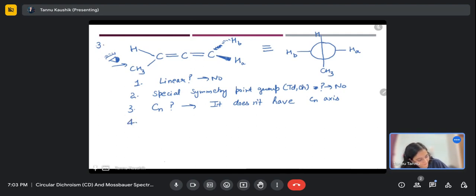Fourth, we will check whether the molecule has any plane in it. So yes, this has one.